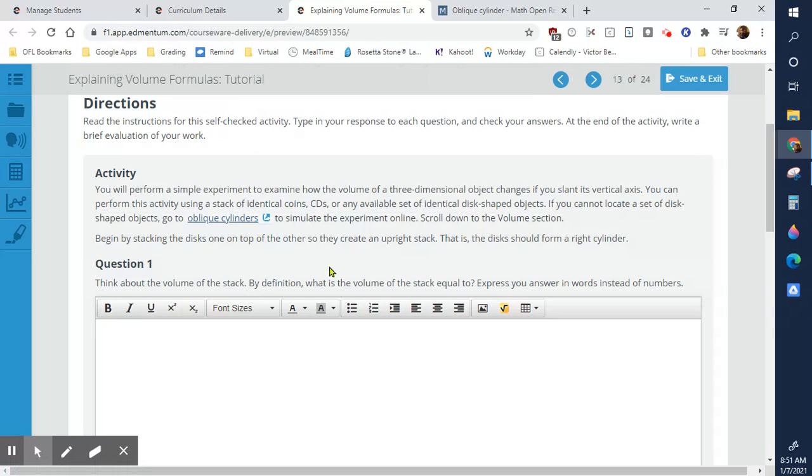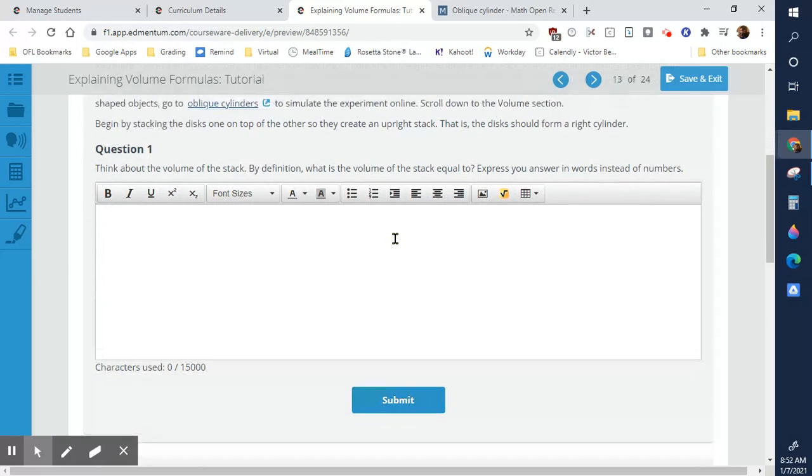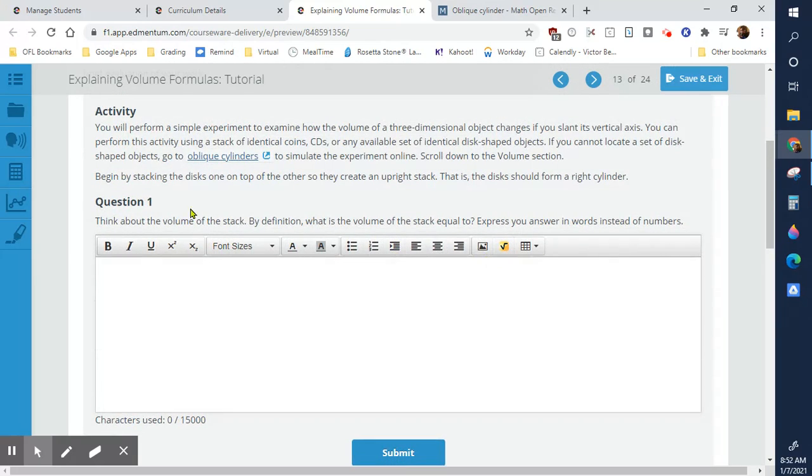So think about the volume by definition of volume. What is the volume of a stack equal to? Express your answer in words instead of numbers. So begin stacking, read this. Think about the volume of the stack by definition. What is the volume equal to? So volume would be equal to the area.